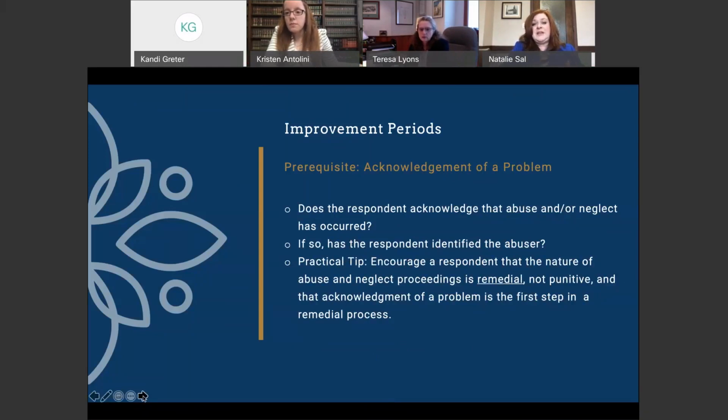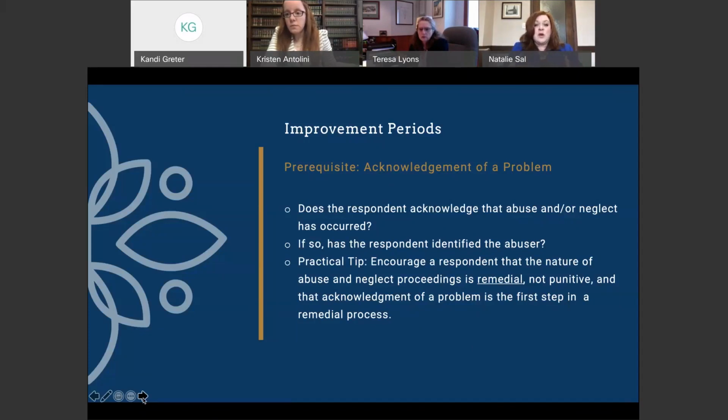To get to that step, the first step is an acknowledgement that there was abuse and or neglect of the child or the children. And there needs to also be an identification of the abuser, whether it be the respondent or another person in the home, and if the respondent played a role in allowing that child abuse or neglect to occur.